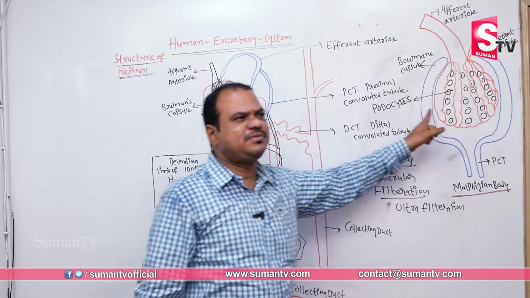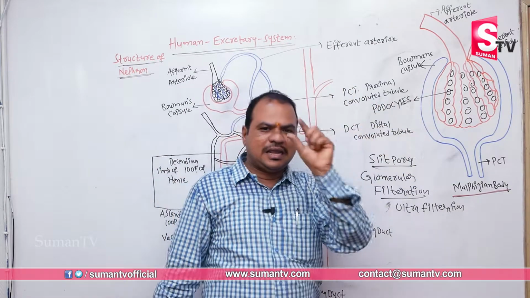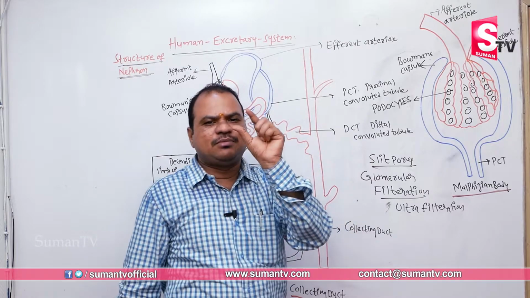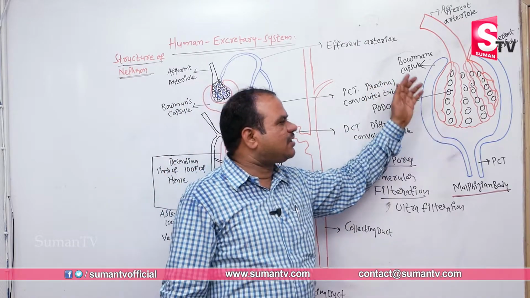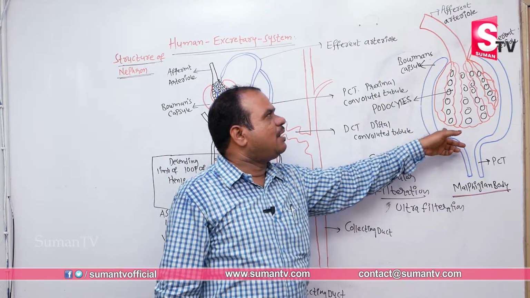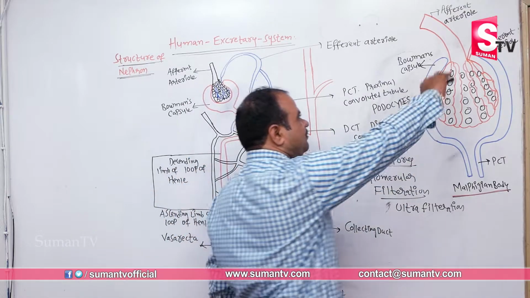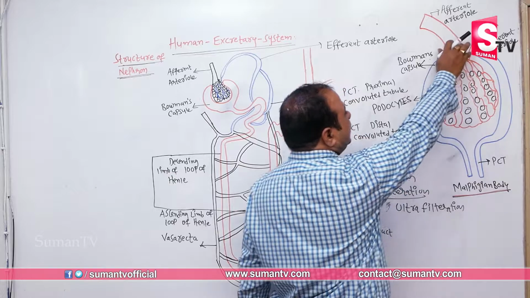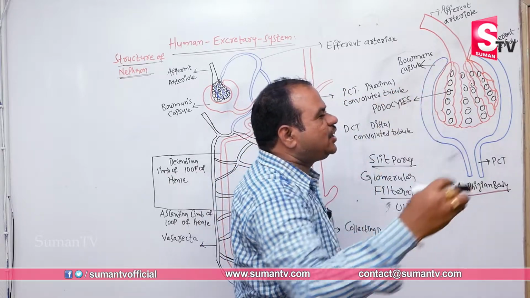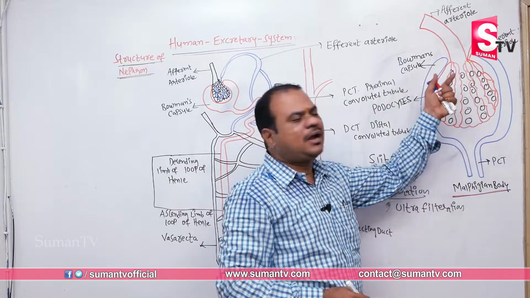So Bowman's capsule is a double-layered, double-membrane, cup-like or bowl-shaped structure. Inside the Bowman's capsule, the afferent arteriole enters and is divided into a number of capillaries.